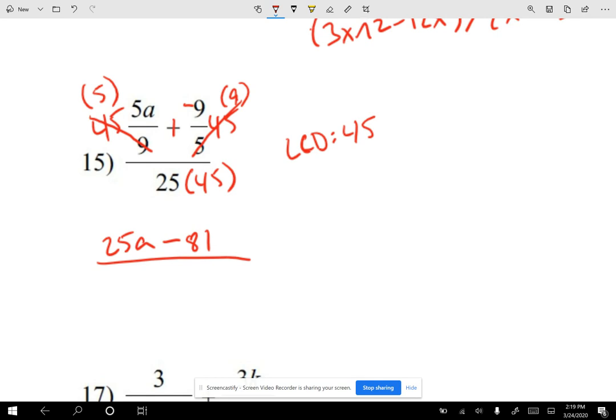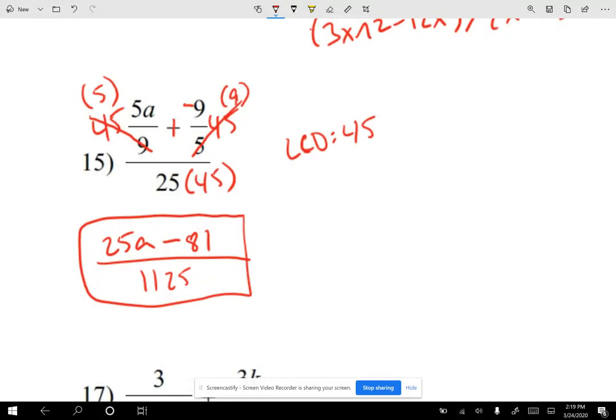Now at the bottom, 25 times 45 gives me 1,125. So I'm just going to go, this is my answer.